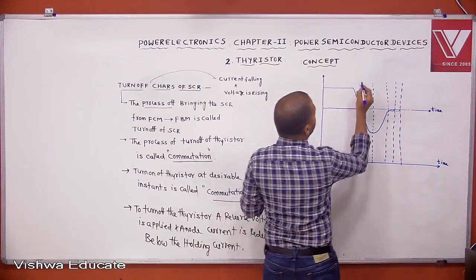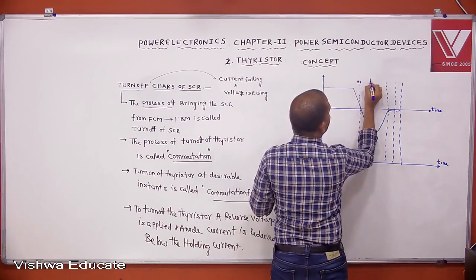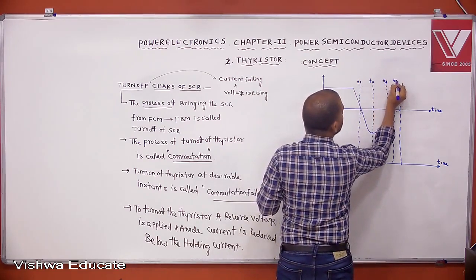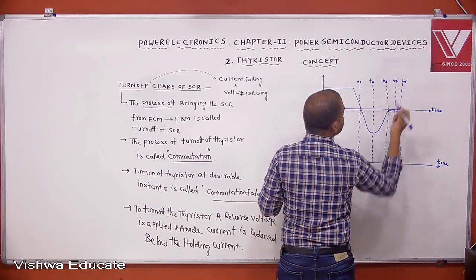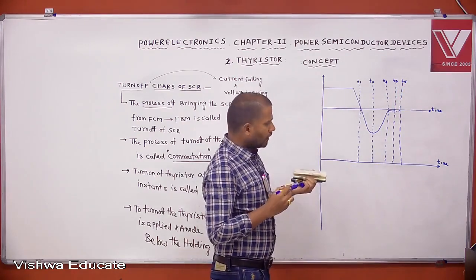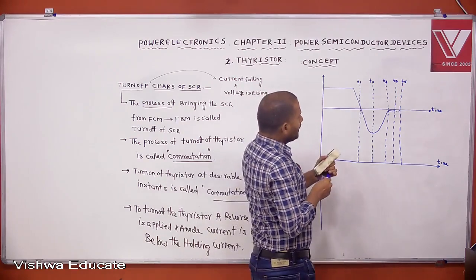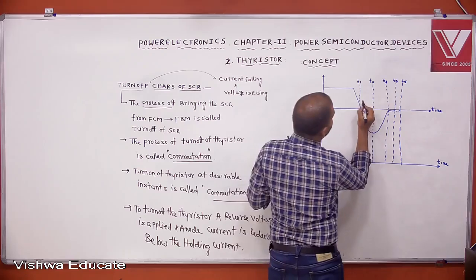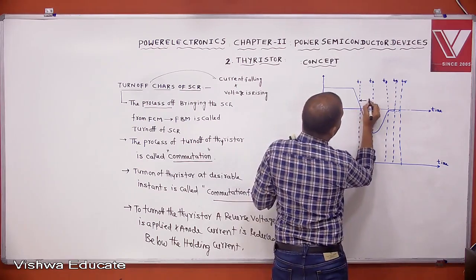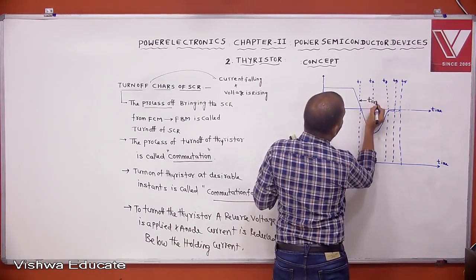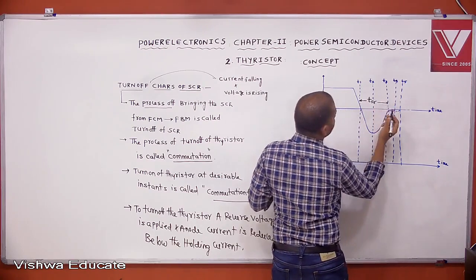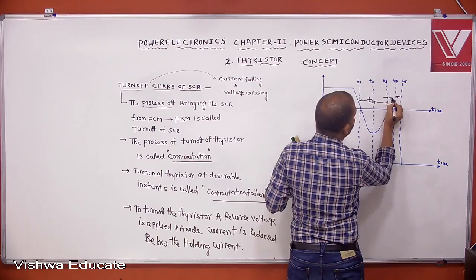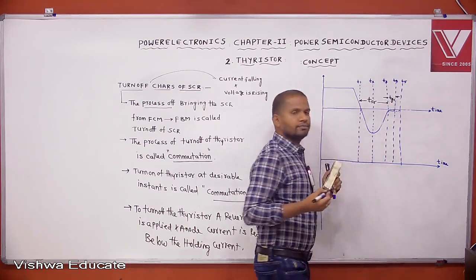Okay, this is T1, this is T2, this is T3, this is T4, and this is T5. Then you take this time as the reverse recovery time, TRR, and this time is taken as TCR, gate recovery time.